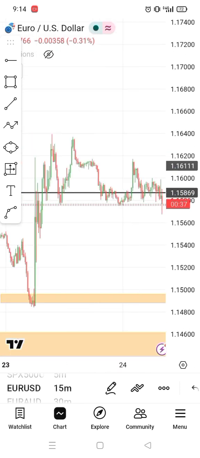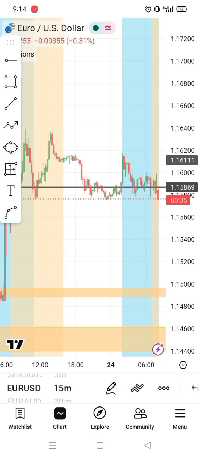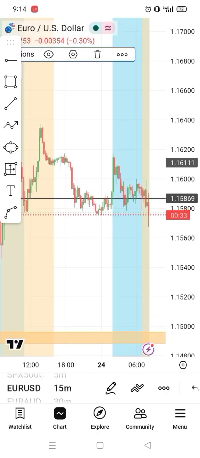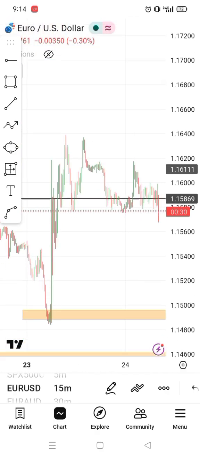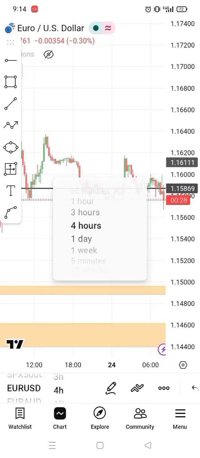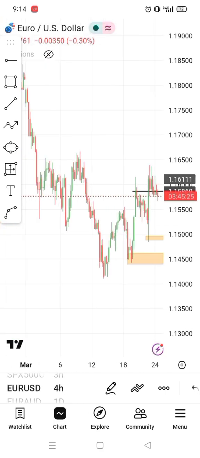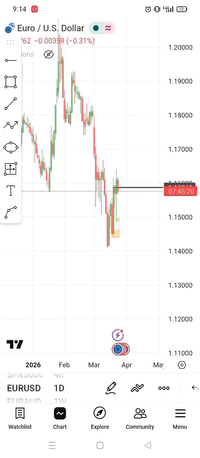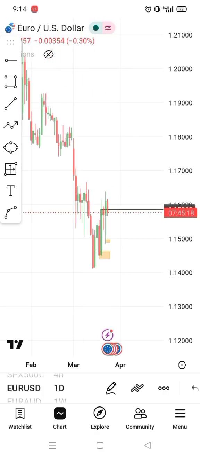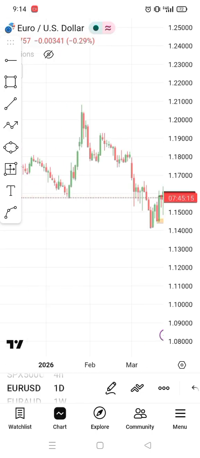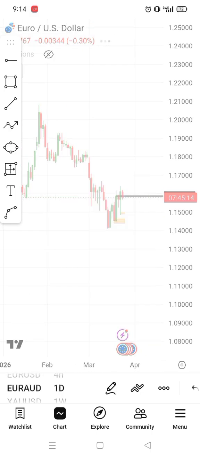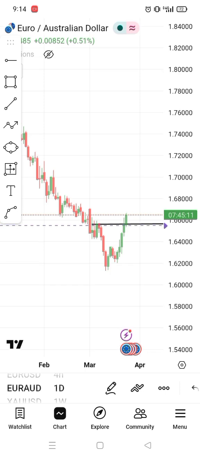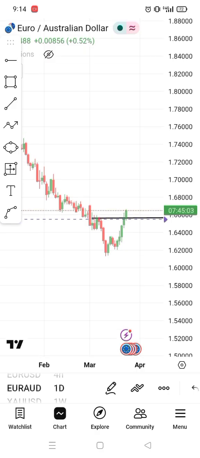Eventually price, I think, yes, this pair is more appealing to me than the EUR USD, so we're going to focus on this pair.